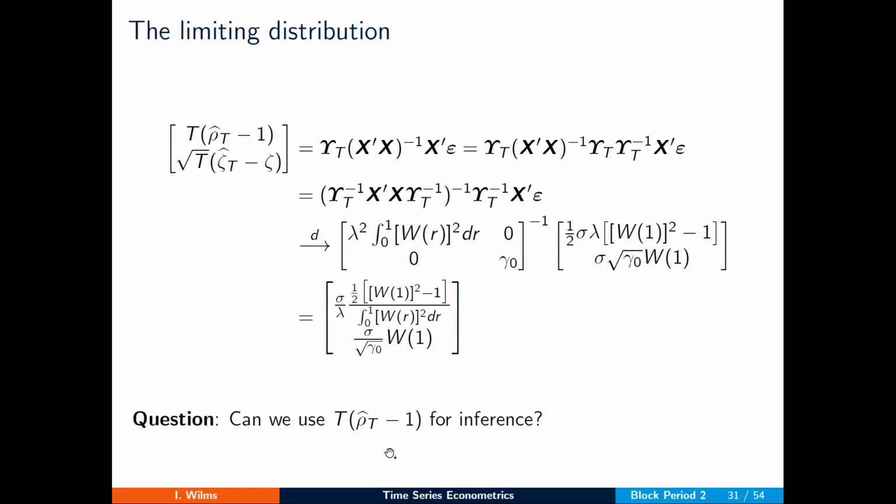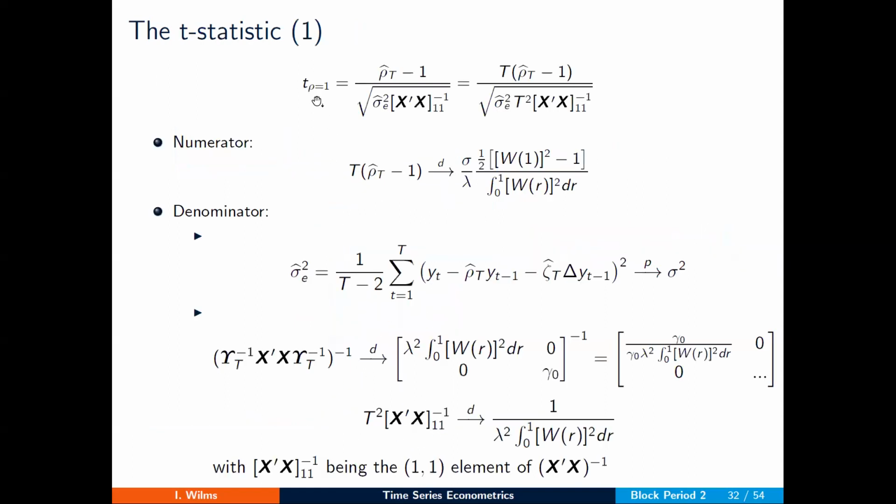What if we don't use this statistic to do inference, but the regular t-statistic instead? I'll start from the definition of the t-statistic, where I make use here in the denominator of this new notation, where I extract the first element, so element 1,1, out of this cross product matrix, since I'm interested in doing inference also on the first parameter, the rho in the model.